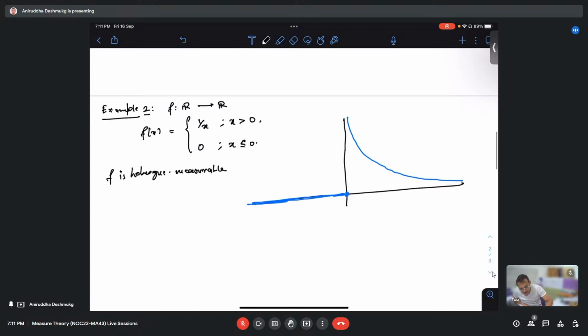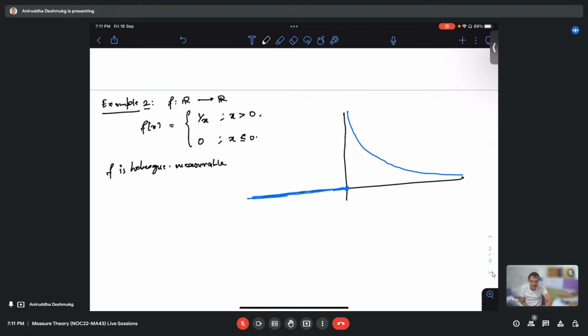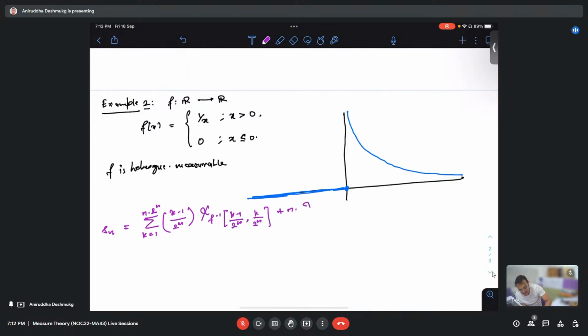Now let us try to approximate it using the simple function technique that we have. The technique that we studied during class was, we can approximate f using these type of functions: the sum for k from 1 to n 2^n of (k minus 1) by 2^n times chi of the pre-image of the interval from (k minus 1) by 2^n to k by 2^n, plus n times chi of n to infinity.